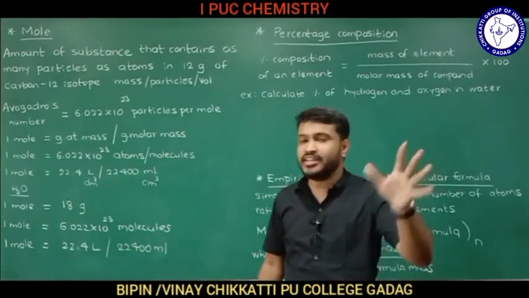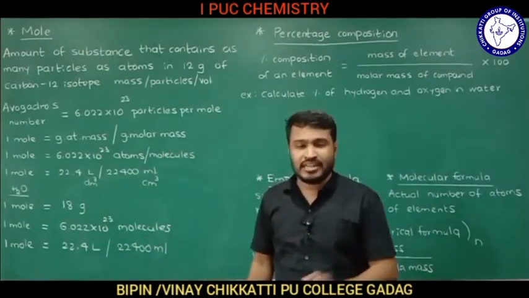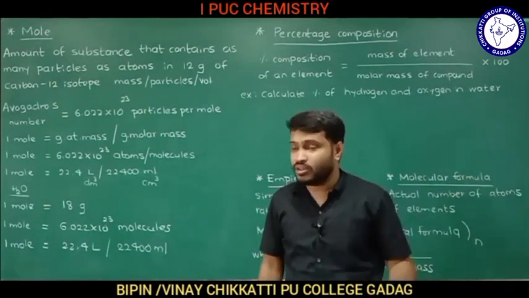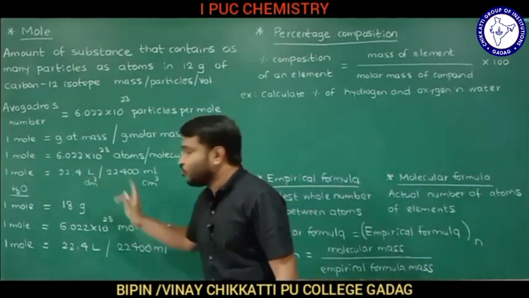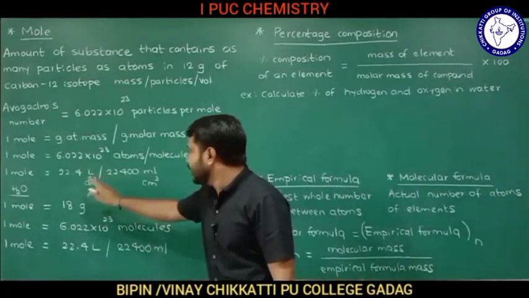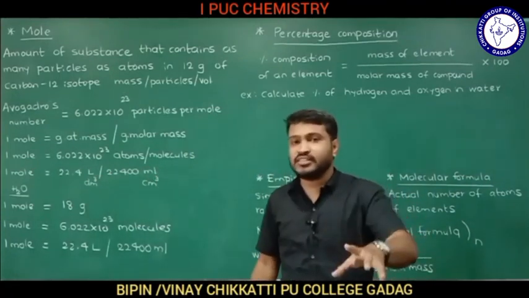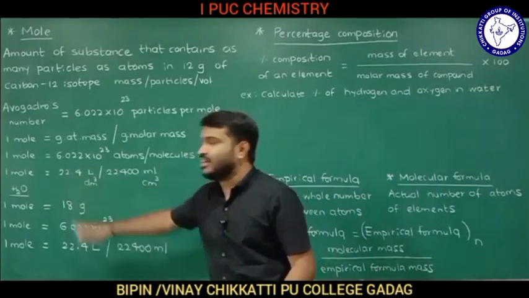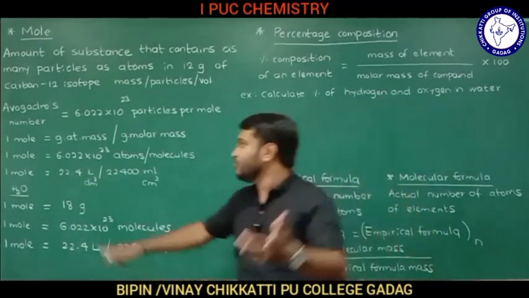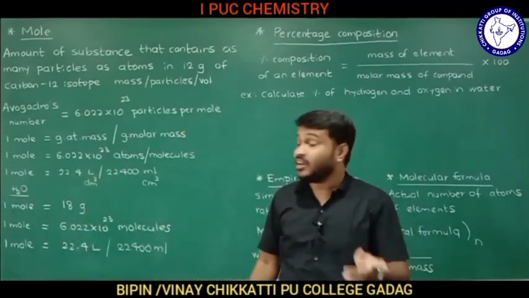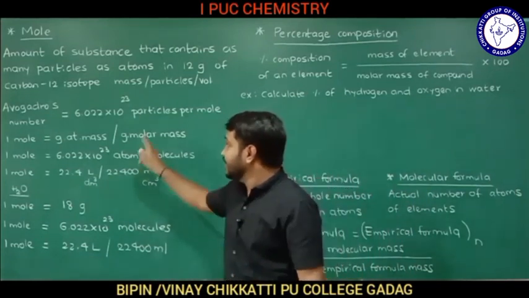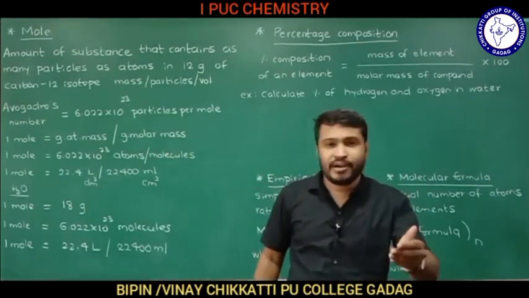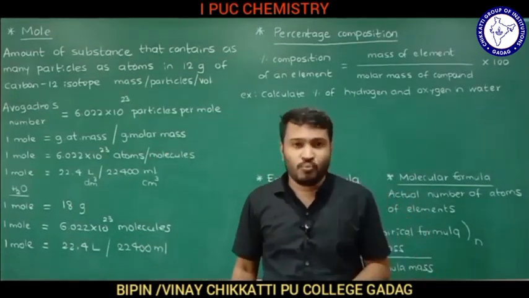There is no variation in Avogadro's number. That is fixed always if it is 1 mole. And the third one, volume, whether in liters or milliliters, is also fixed if it is 1 mole. If it is 2 moles, we need to multiply this by 2. But the first one, in terms of mass, depends on the given compound we have.